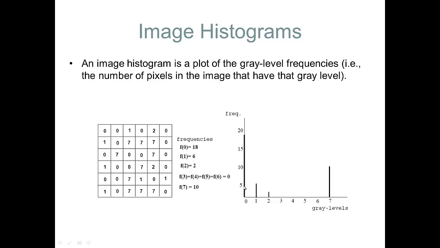Then you draw the figure. For example, 1 happens 6 times, 0 happens 18 times, 3, 4, 5, and 6 happen 0 times, 7 happens 10 times. Then you get the histogram.